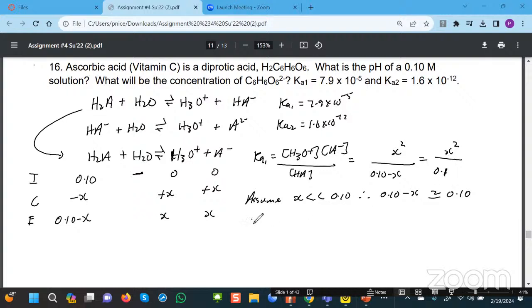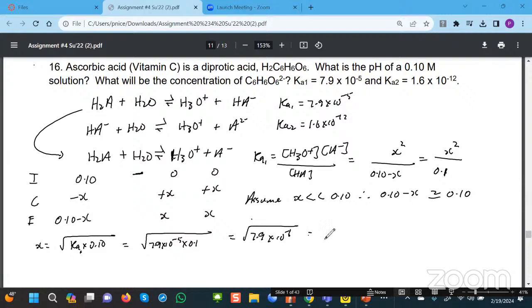So therefore, X would be equal to the square root of Ka1 times 0.10. So Ka1 is 7.9 times 10 to the minus 5 times 0.1, which works out to the square root of 7.9 times 10 to the minus 6. So let's see what that gives.